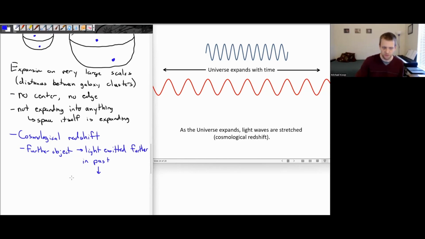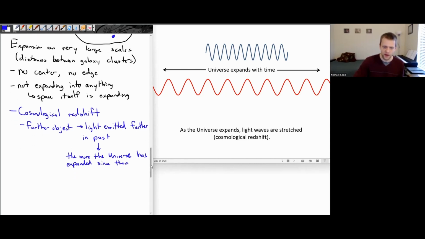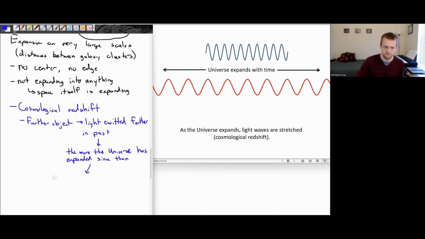So if it's further in the past, the more the universe has expanded since that time of emission. And the wavelengths of light get expanded along with the universe.